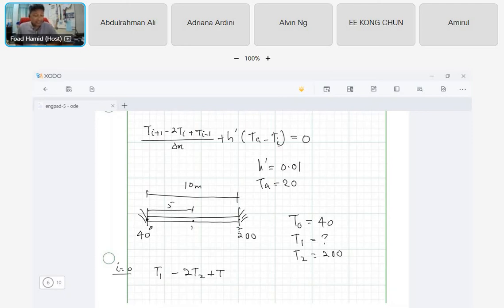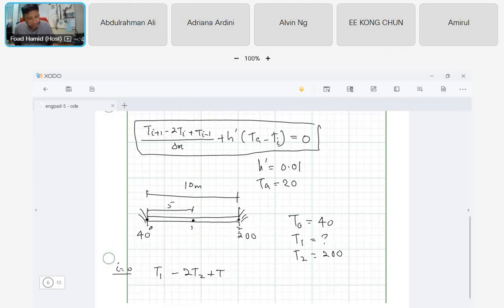But what we can see here is that to find this temperature value, we need to know the one step backward and the one step forward. So using this equation, we can solve because we know the T forward and the T backward. So we can solve for this one, because the rest are known.